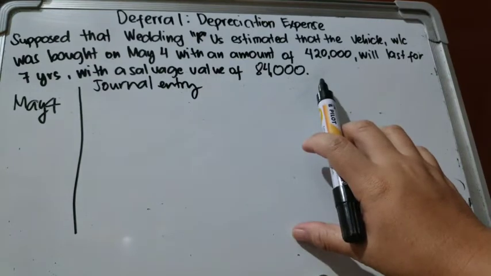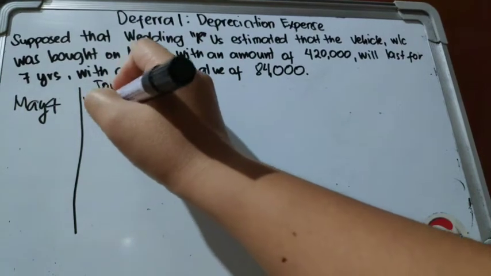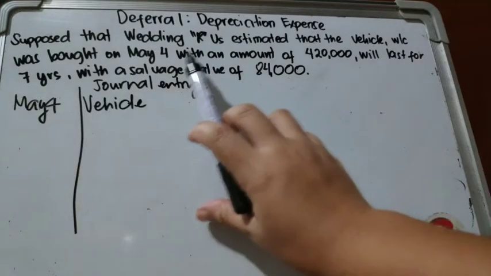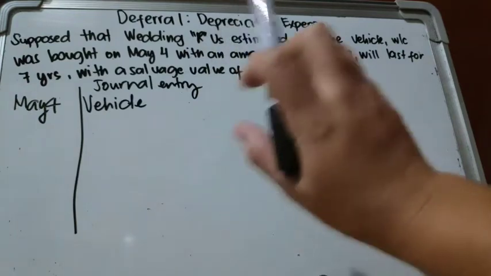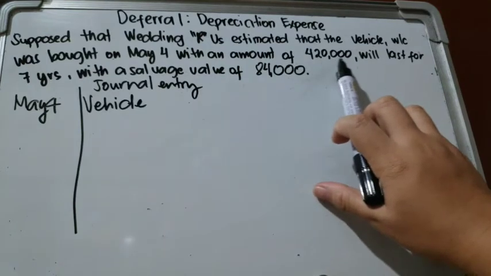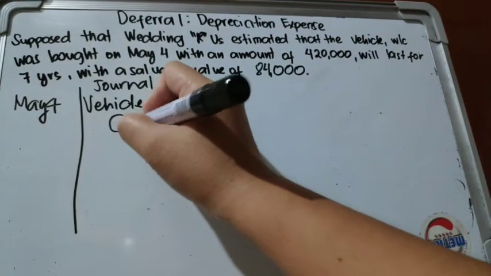When you acquire a vehicle, may papasok na vehicle, or the property, plant, and equipment na vehicle, sa iyong company. And then you are paying it in cash. Why are we assuming that it was paid in cash? Because none of the sentences had stated na on account siya. Sinabi directly na ang amount nito is 420,000. So let us assume that the company had paid for the vehicle in cash.